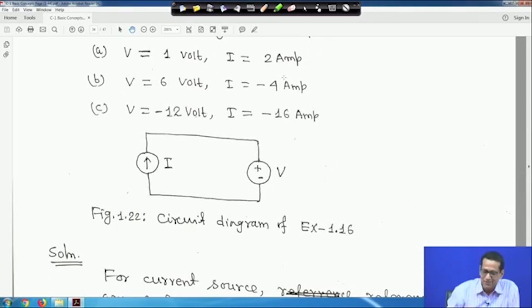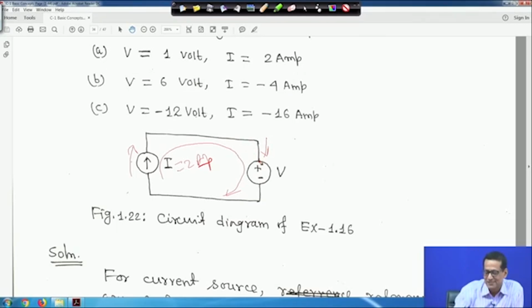So, when I is equal to 2 ampere, and this is the direction of the current, that means the current is actually flowing like this, that means this current is entering into this plus terminal.